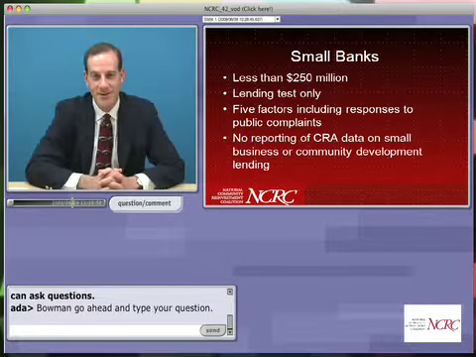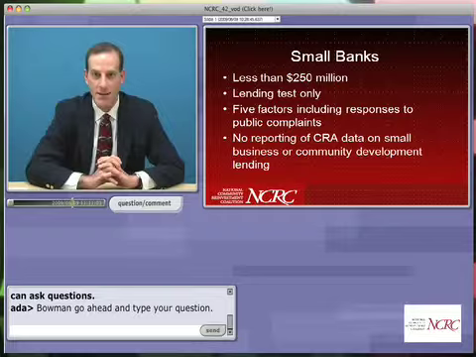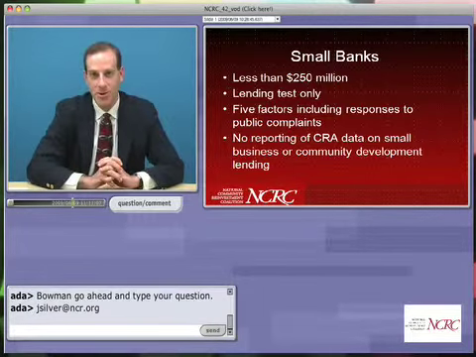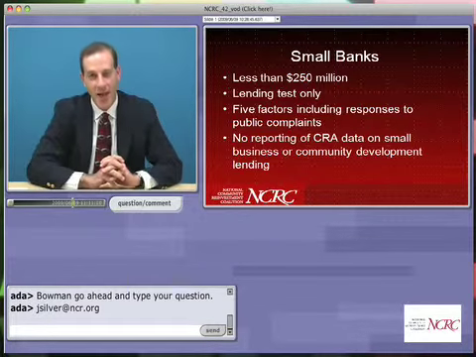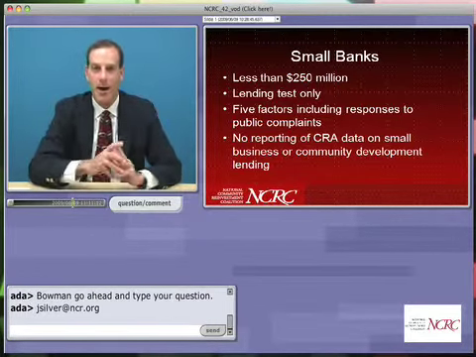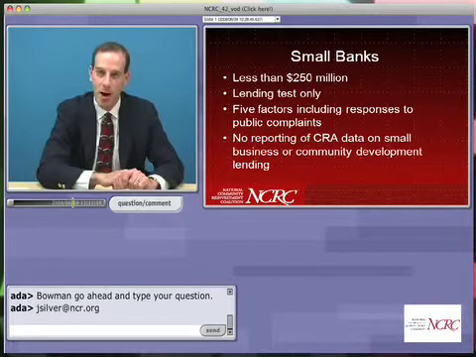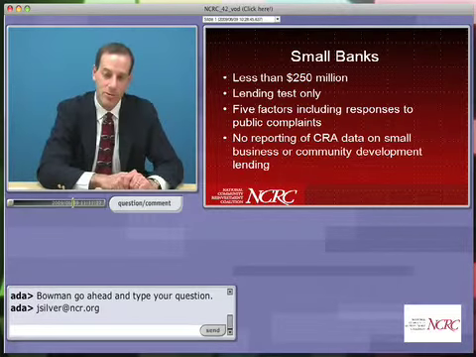There are different types of exams for different types of banks, and we're going to talk about the small bank exam. That's the slide that's on the PowerPoint now. These are institutions that have assets of less than $250 million. They have a lending test only. How many loans are you making to low and moderate income people or low and moderate income communities? Could be home loans, small business loans.